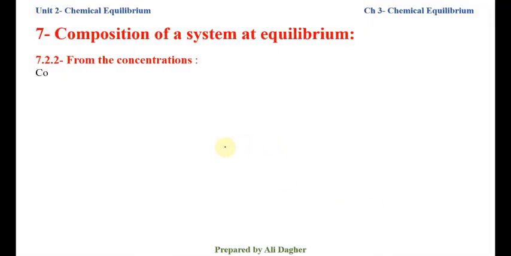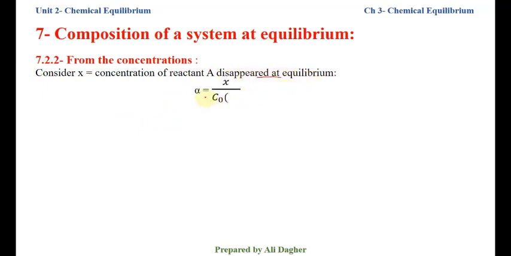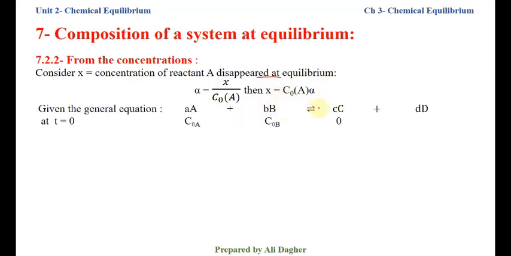Now, from the concentration, the same. Consider X the concentration of reactant A that disappears at equilibrium. Alpha, the degree of conversion of reactant A, is the concentration reacted over the initial concentration, X over C0A. Then X equals C0A times alpha. Given the general equation aA + bB gives cC + dD, at t equals 0: C0A, C0B, 0, 0.